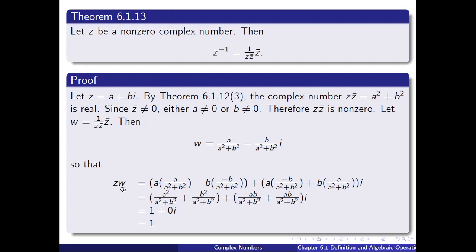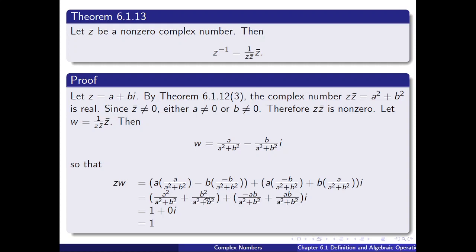So if we do z times w, we do the expansion using the definition of the product of two complex numbers. On top there we get a squared over a squared plus b squared plus b squared over a squared plus b squared, and then inside there we get minus ab and plus ab.